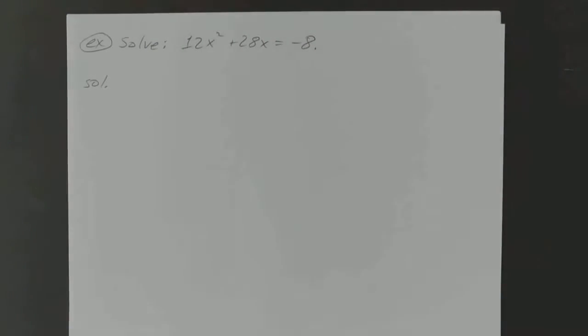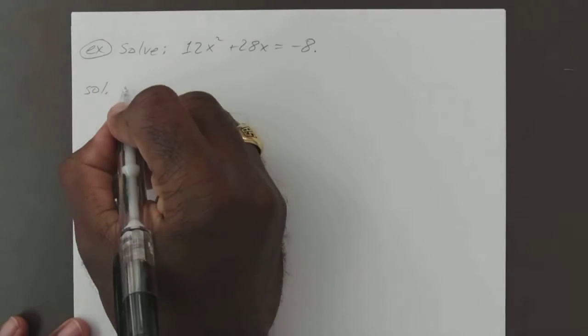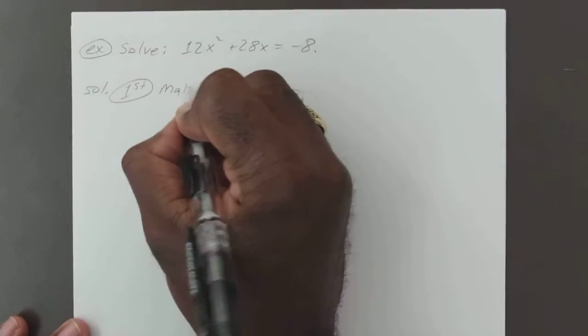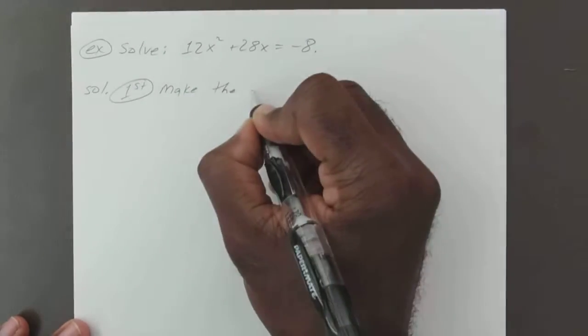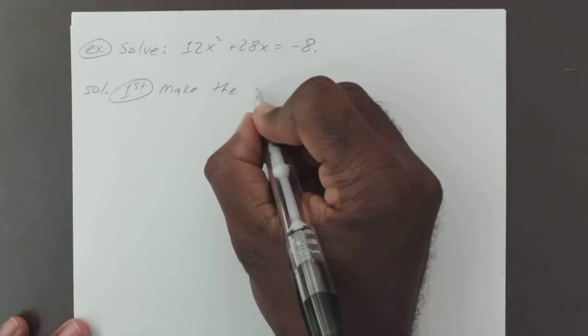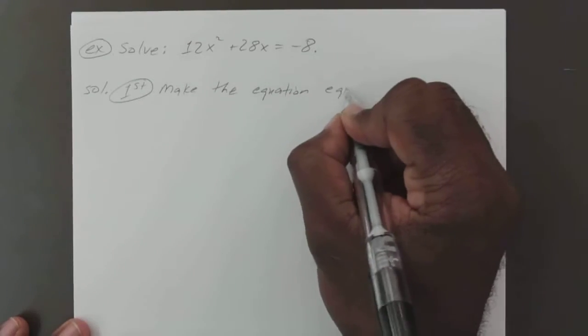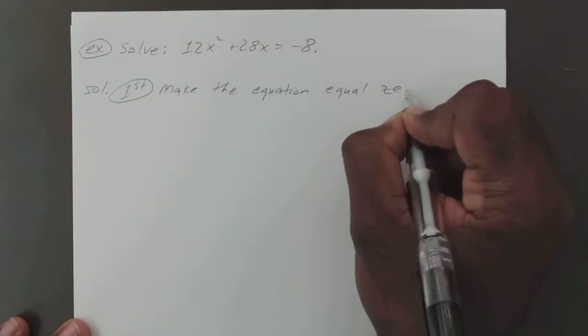Okay, so the first thing you want to do is you want to always have it equal 0. So make the equation equals 0.